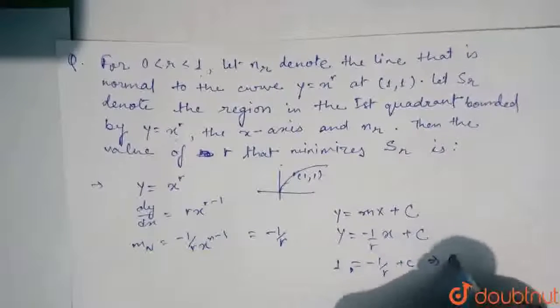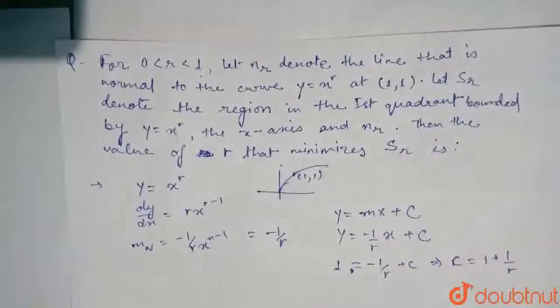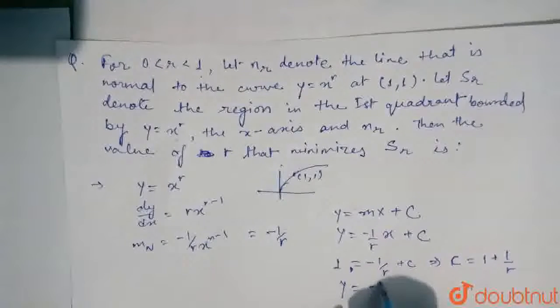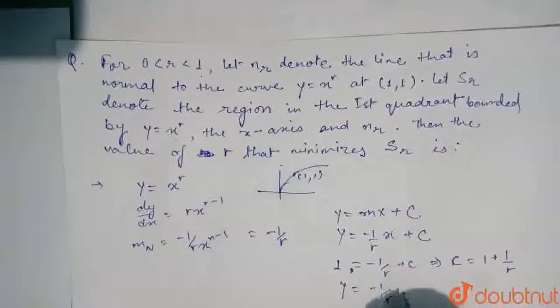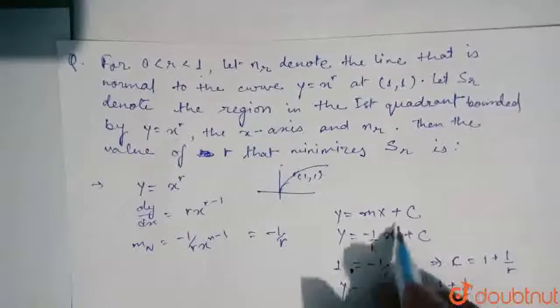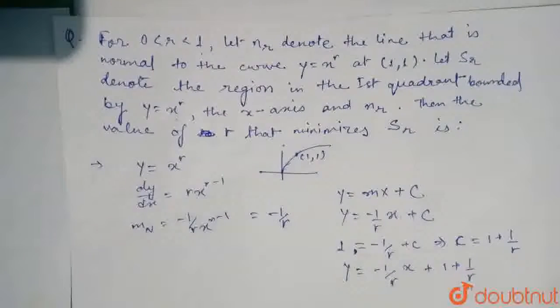From here the value of c will be 1 plus 1 by r. Finally the equation becomes y equals minus 1 by r times x plus 1 plus 1 by r, putting the value of c in this equation. So this is the equation of normal we get from it.